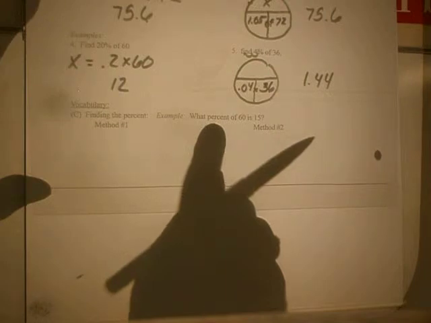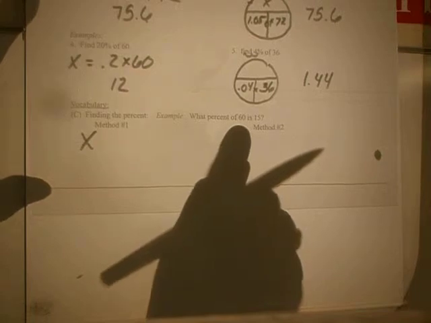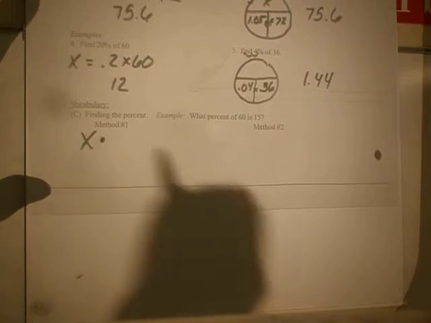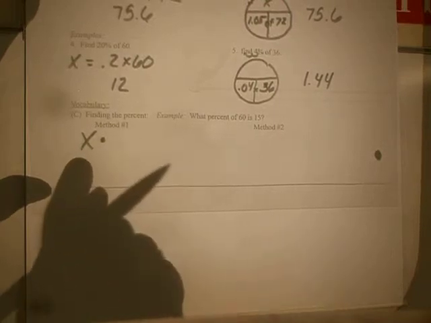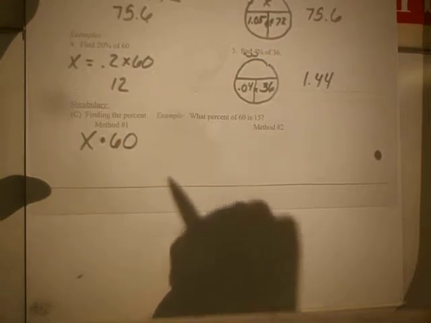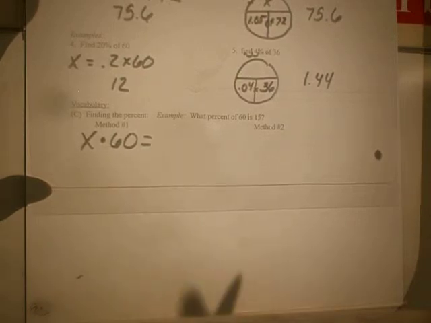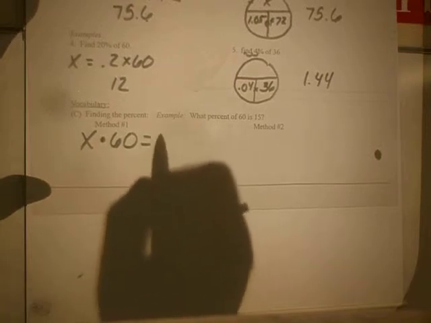It's our unknown, so we're going to call that X. Of 60, the English word "of" translates into a mathematical multiply. So what percent of 60? The English word "is" translates into the mathematical equal sign. So this is read, what percent of 60 is 15?